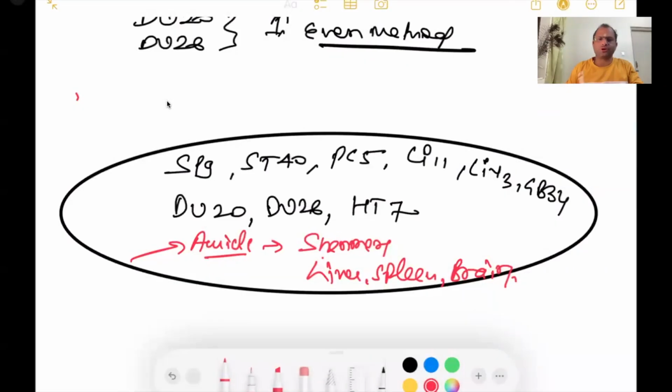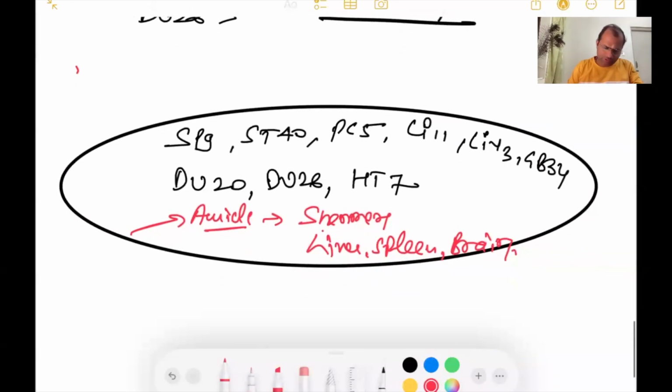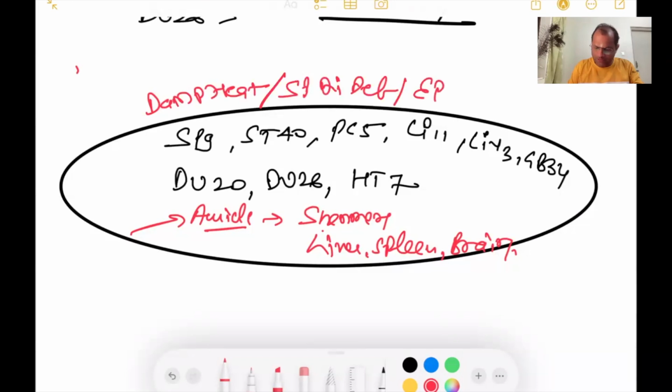First, you note down this protocol. You should not forget this is the primary protocol for the patient having damp heat, spleen deficiency, and epilepsy.